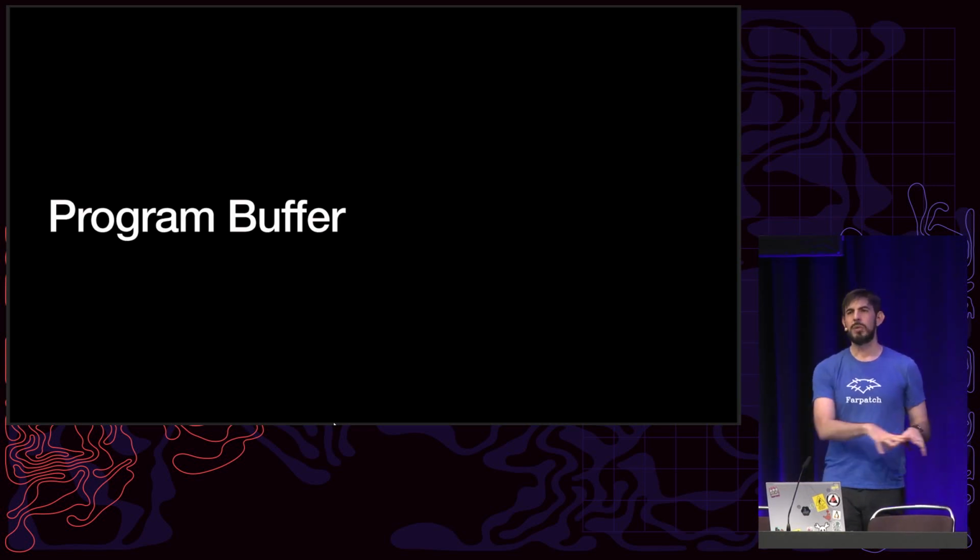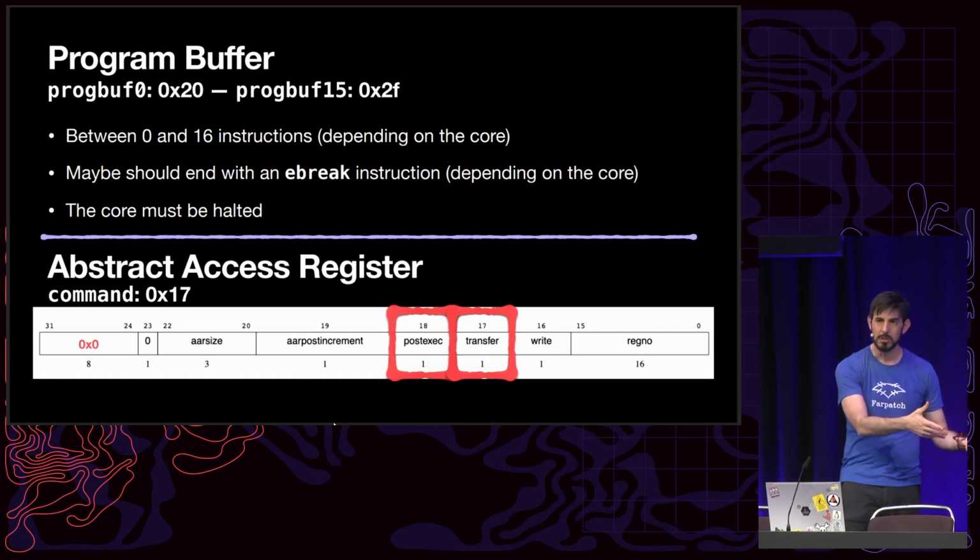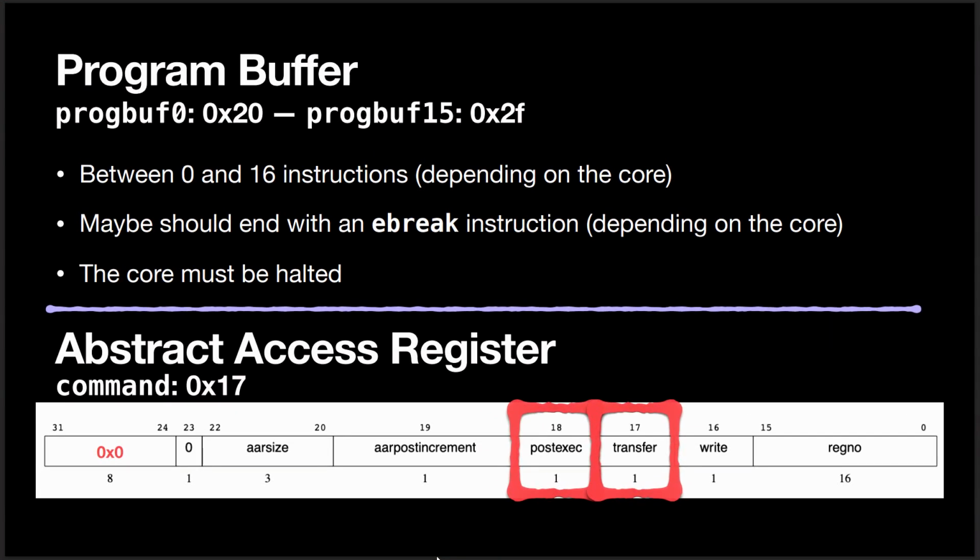Let's start with the program buffer. The program buffer is basically what we did with the VexRiscv. What they do is they give you anywhere between, well, actually 0, if it doesn't support it, 1 and 16 32-bit values where you can load a very small RISC-V program and tell it to go. Some target cores require you to end with an ebreak instruction. Some of them don't.